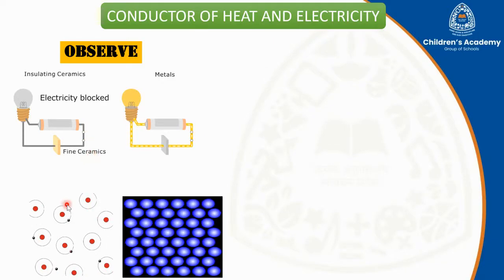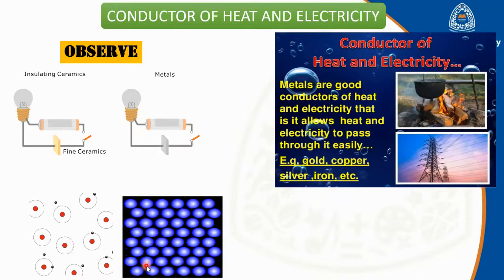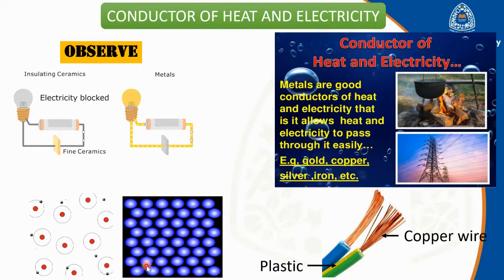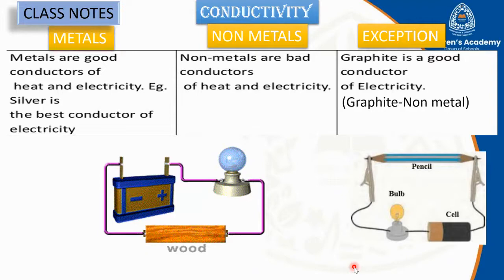Free electrons in metals and the compact packing make metals conduct heat and electricity, whereas non-metals do not have free electrons and are mainly liquids and gases, which makes them poor conductors of heat and electricity. Example, metal like copper is used in electrical wires, and non-metal, that is plastic, is used as an insulation. Note down the property and exception for metals and non-metals.